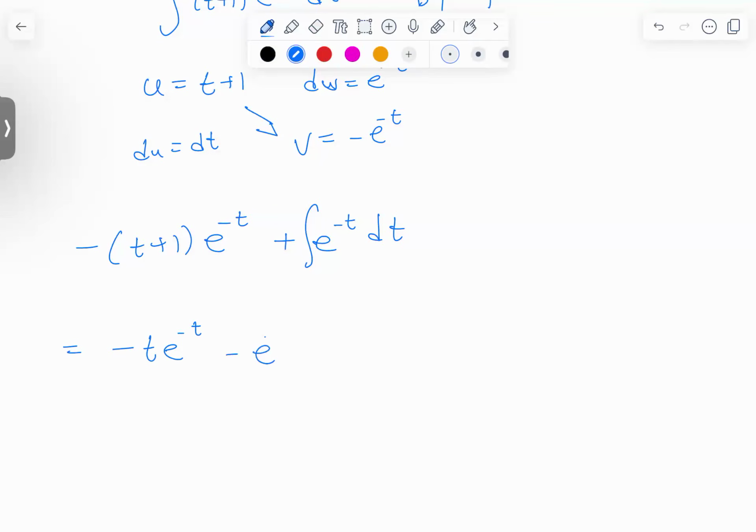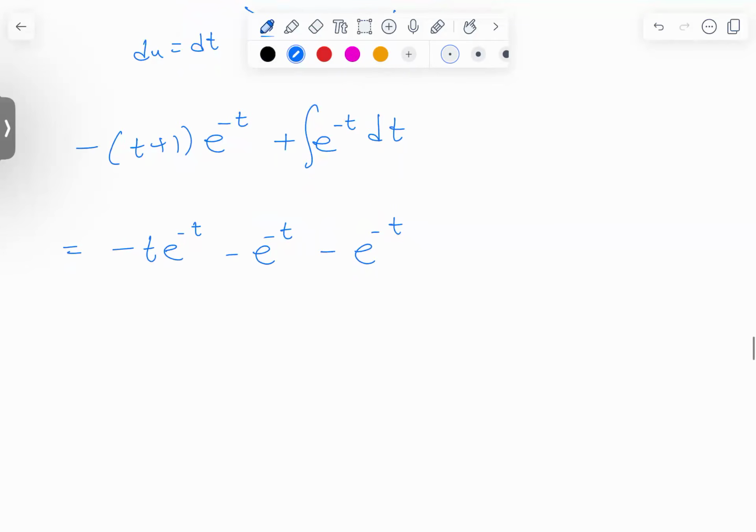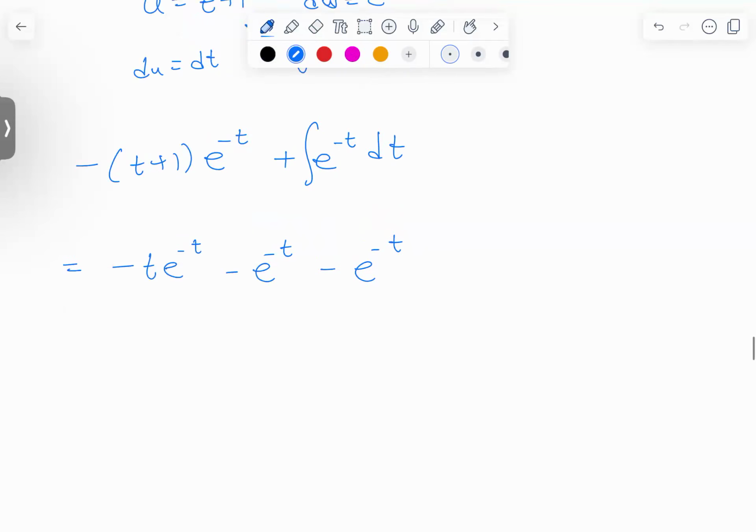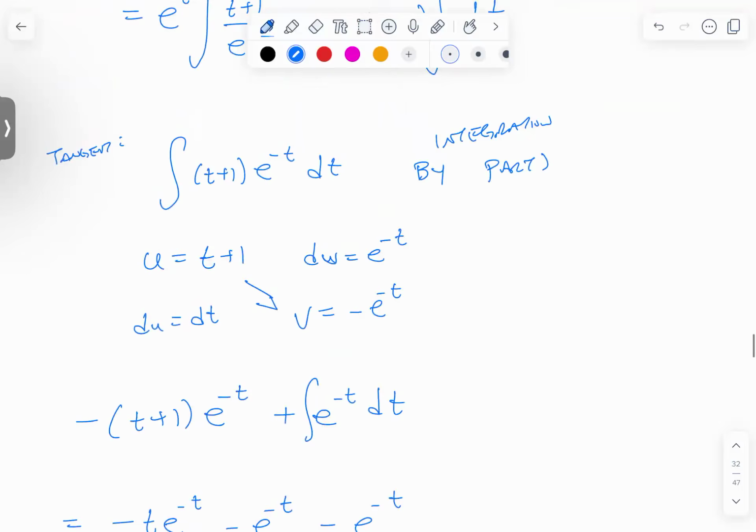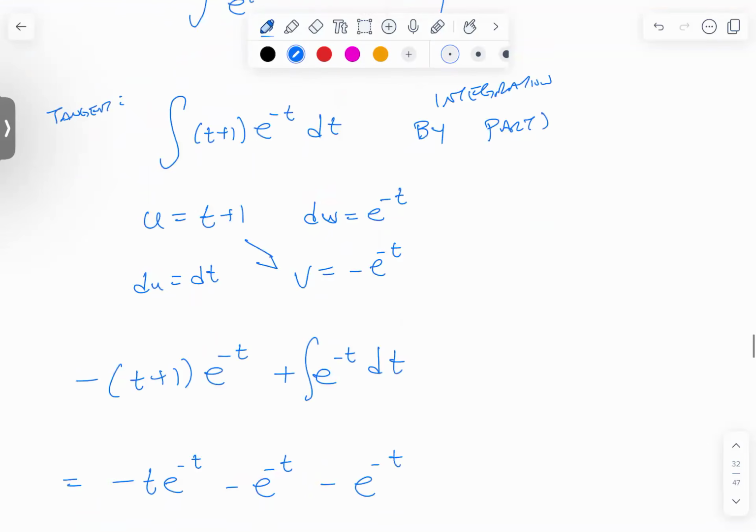Negative e to the negative t. Integrate that, it becomes minus e to the negative t. Negative t e to the negative t minus 2 e to the negative t. Yeah, that's what I got the second time. Okay, all right. Back to where we were.